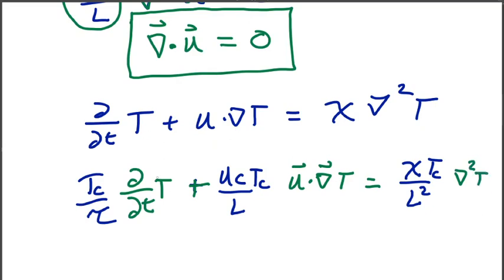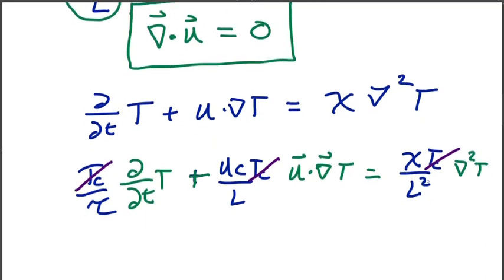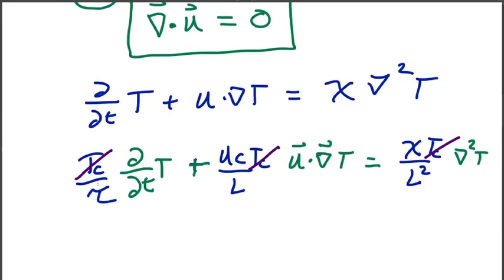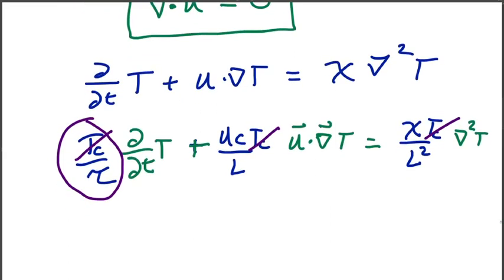As before, since all terms are proportional to T, the T characteristics fall out of the system. We now take our system with a 1 over tau in front of the d by dt, and we multiply by tau across all of our terms.